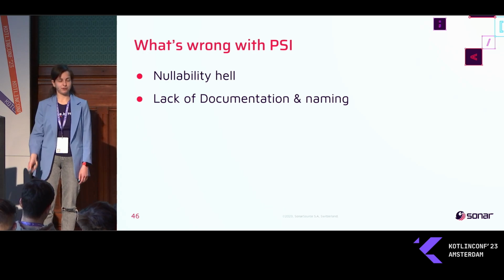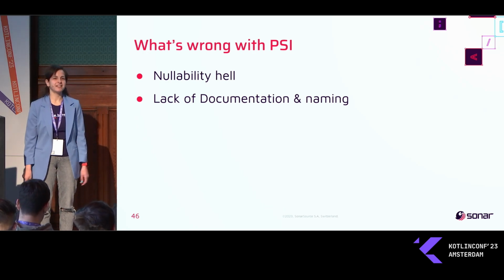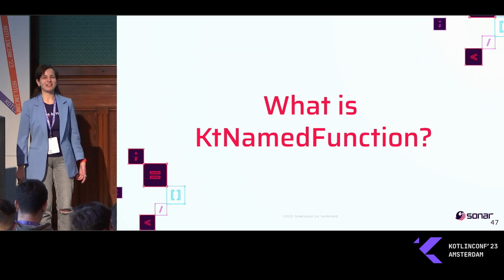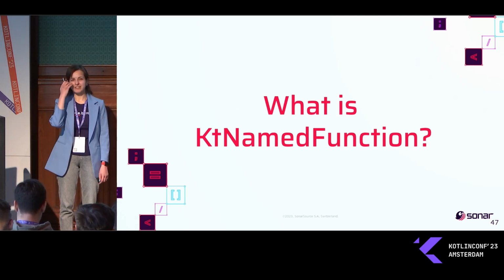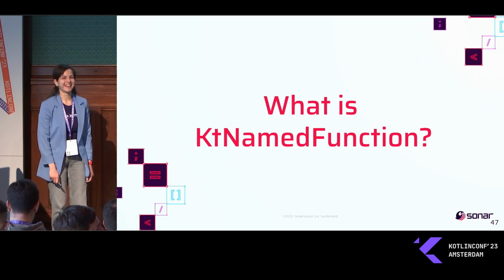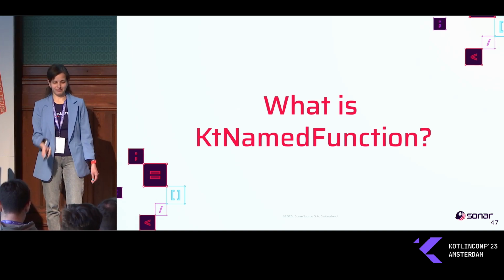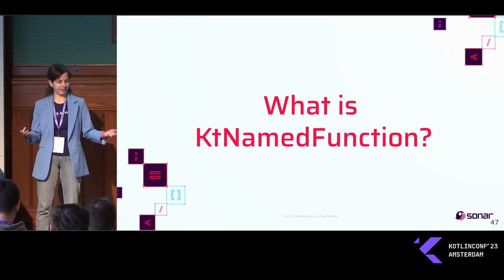Another problem is lack of documentation and naming. There are some JetBrains guys, I guess, here. Sorry for that. But yeah, what is KtNamedFunction, guys? Any idea? We are people who have some computer science degree, and we can reason about things.